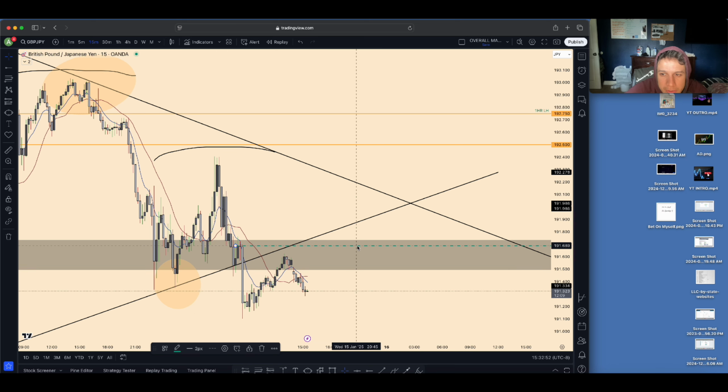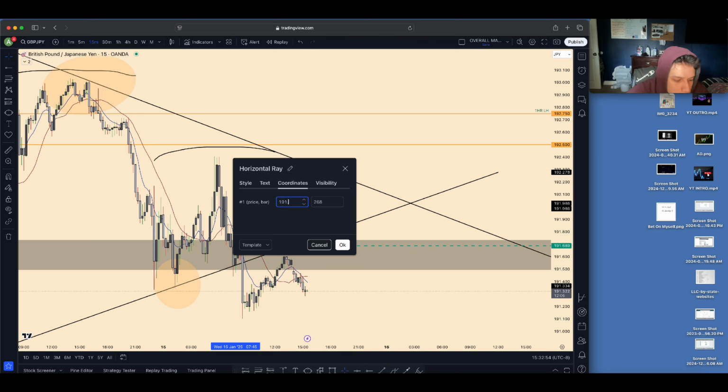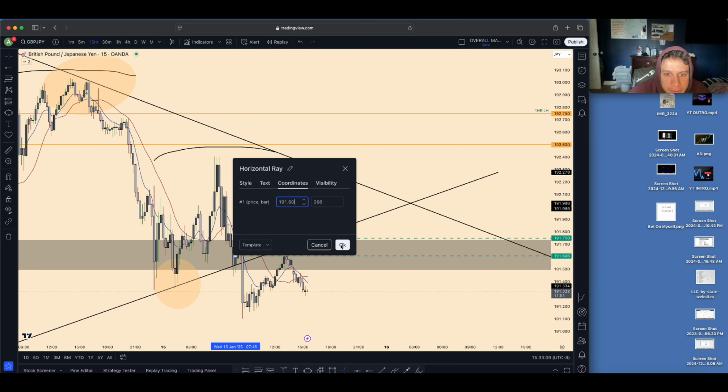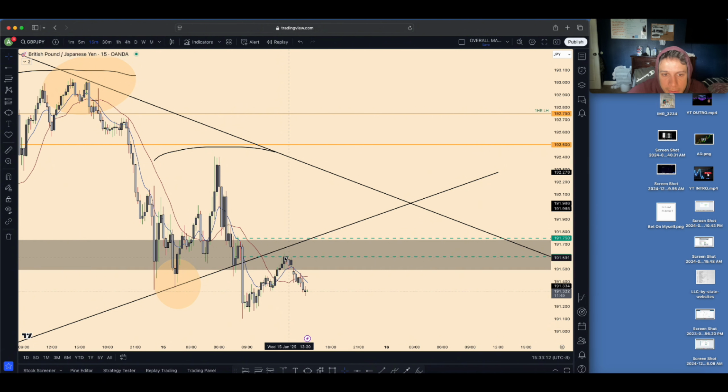So what area is this? 191. We'll do 191.750. I do like to play by my quarter points on GBPJPY. So 191.750, and then we see here, well, I'll do like 191.600, just because this is your level of resistance based off of that 191.600 area, but price could potentially play up further, like right into here where we have this support and then resistance.